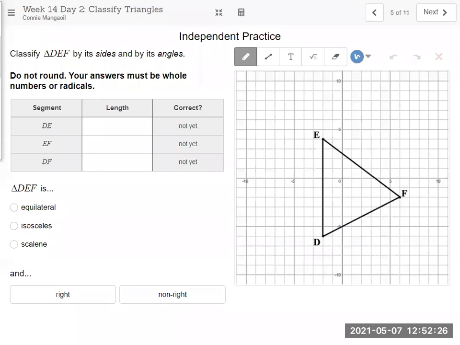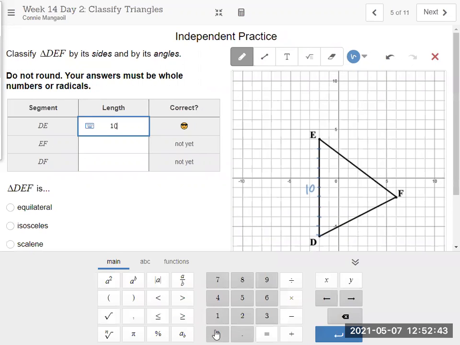Let's count. 1, 2, 3, 4, 5, 6, 7, 8, 9, 10. That's 10 units. Okay, so let's type in 10 here. And you get that smiley face.